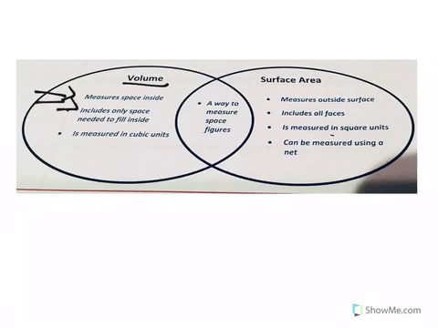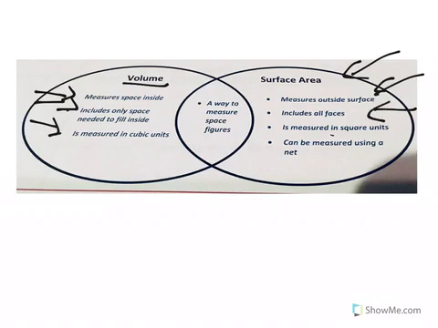So if you have a cup, volume would be how much liquid the cup could hold. All right? It's measured in cubic units. Surface area measures the outside surface. So if you have that same cup, volume is what is inside the cup, how much liquid you would fill up the cup with. Surface area would be if you had a koozie to put on your cup, maybe a Jayhawk koozie or something, then that would cover the outside, right?